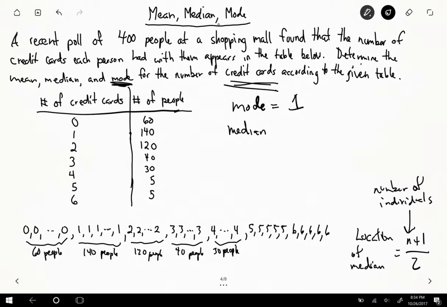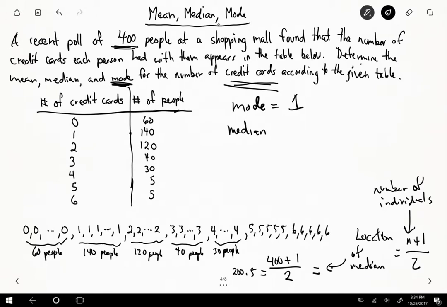Notice you can sum up all these numbers right here, 60 plus 140 plus 120. So there's 400 people, and an easier way to see that is we had it right out the gate. So in this case, the location of our median is going to equal 400 plus 1 divided by 2. Well, that's 401 divided by 2, and notice that's going to be 200.5. Ooh.